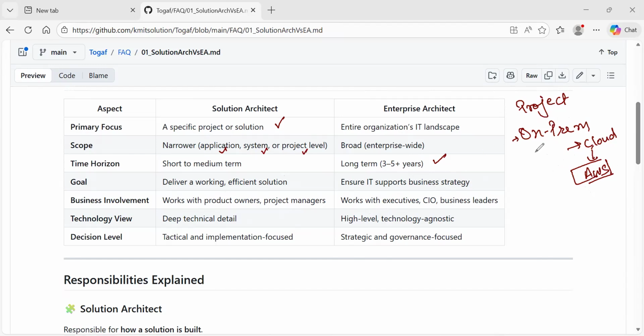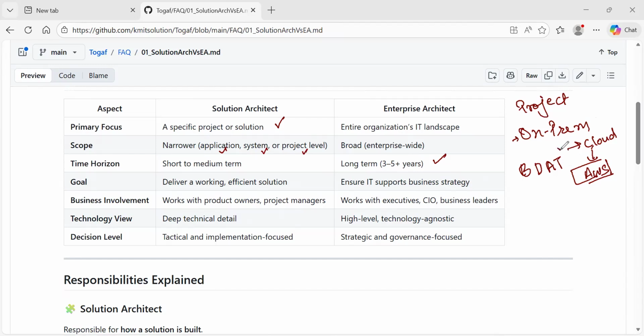Whereas the enterprise architect is providing the entire organization strategy, business goals, and how the data will be stored into different schemas. Okay, so he is defining the business, data, application, and technology.